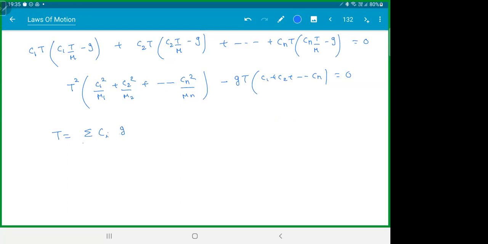Now if you can remember this, great. Or else the general method always works. But I'll show you where this becomes pretty useful when you have very complex pulleys and strings and all that nonsense. This helps.